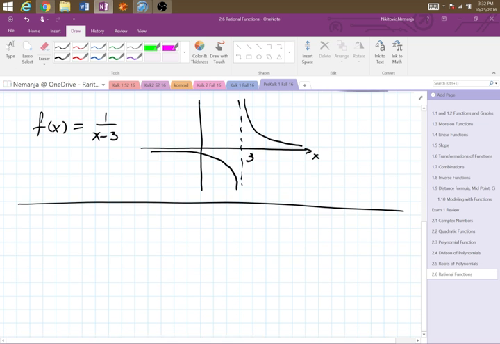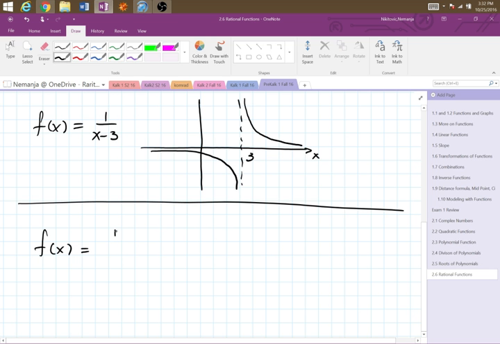What's happening if I modify this problem as 1 over x plus 3? It's going to go up 3 units. So if this is the original x-axis, we're going to put this line right there, and then we're going to have this.